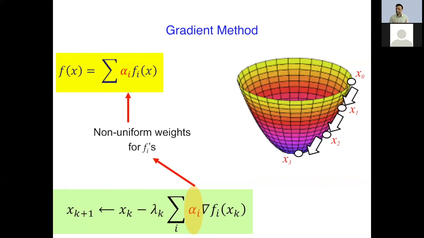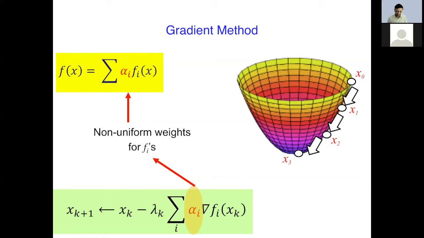It will not be the summation of fi(x) anymore. In particular, if I always multiply the gradient of function i with constant alpha i, then the function I'll end up minimizing is actually this one, sigma alpha i fi(x). If alpha i is non-uniform, then the function I'm minimizing will not be sigma fi of x.